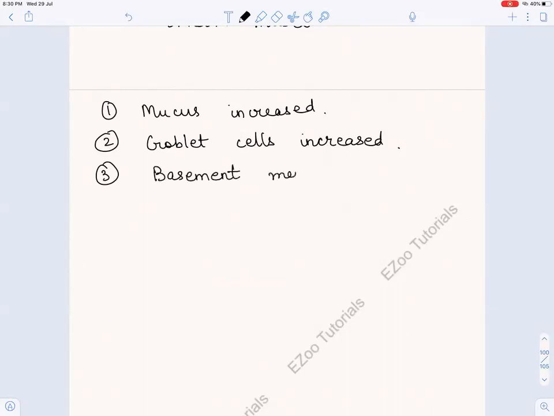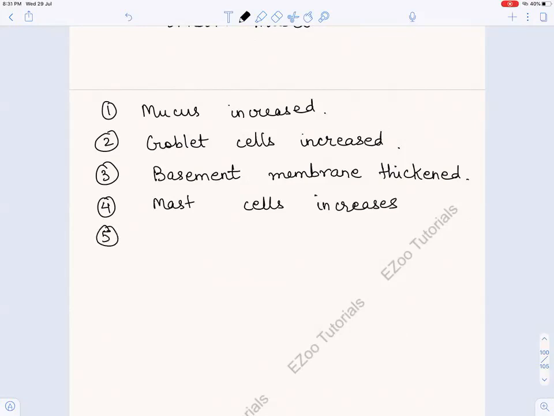I think when I'm writing it, guys, you are just having a picture of what I have just drawn, because that's important. When I'm writing, the diagram should go in your mind. Mast cells increase. I remember that I have to tell you about these mast cells. Don't think that ma'am will not tell. And then there was a smooth muscle layer.